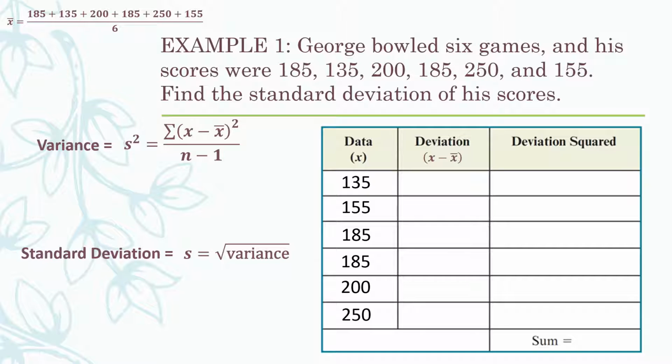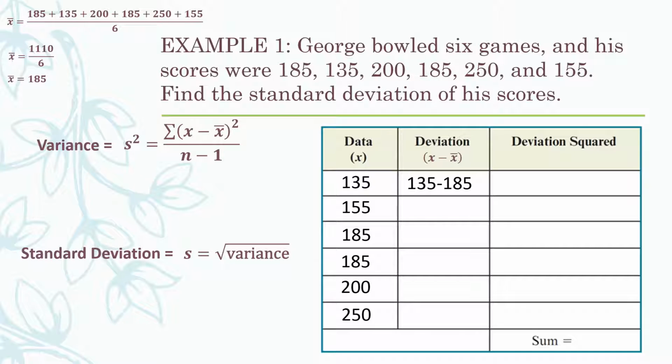So 185 plus 135 plus 200 plus 185 again plus 250 plus 155, divided by 6. The numerator adds to 1,110. So 1,110 divided by 6 is 185. So our x bar is going to be 185.